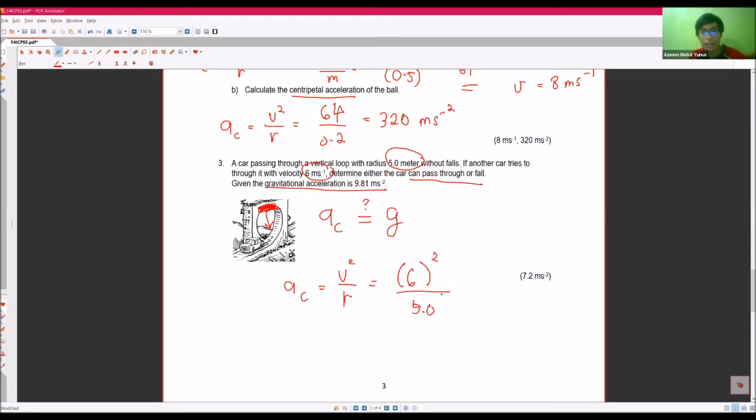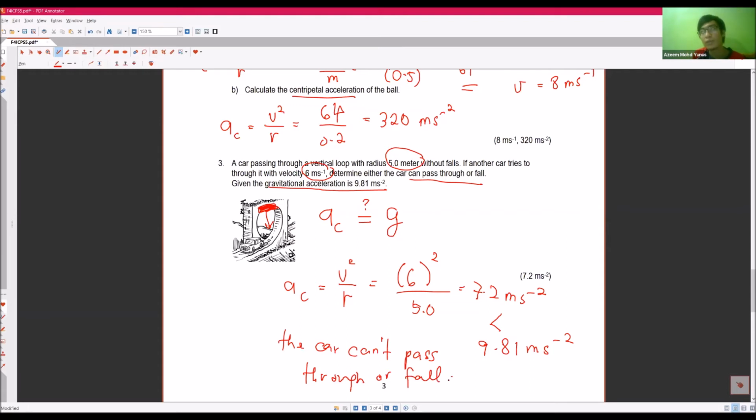We will calculate that. This is divided to get 7.2 meter per second square. Since 7.2 is less than 9.81 meter per second square, the car cannot pass through, or falls.